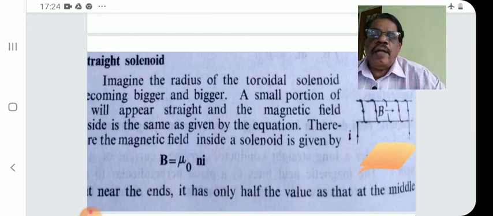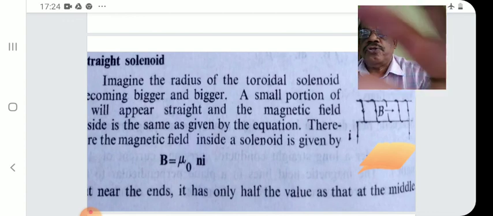So, at the end of a long straight solenoid, the field is B is mu 0 nI by 2. So, two cases here. Field flux density at a point well inside the solenoid is B is mu 0 nI, and at one end it is B is equal to mu 0 nI by 2.